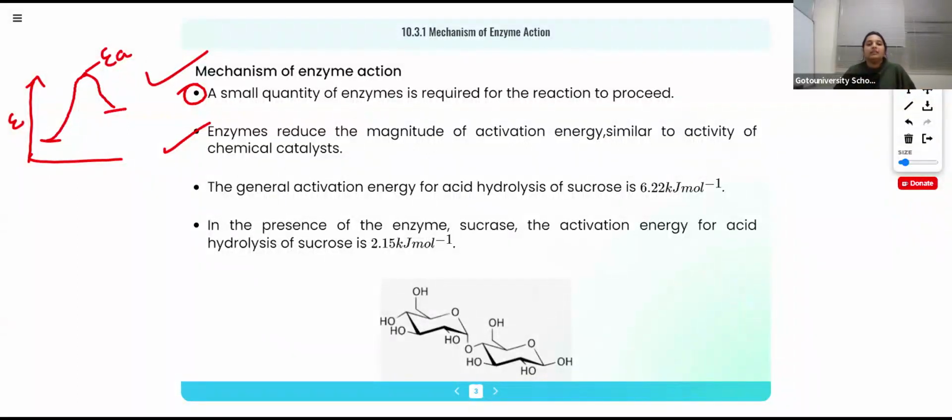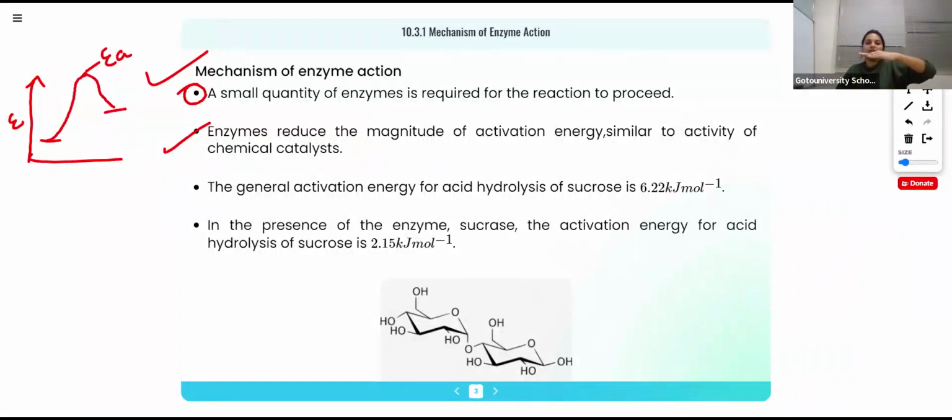Okay, then what is this enzyme doing? When the activation energy is increasing, the rate of the reaction will decrease. See, suppose in a high jump, the height is here. Suppose 10 students are crossing this height out of 20 students.